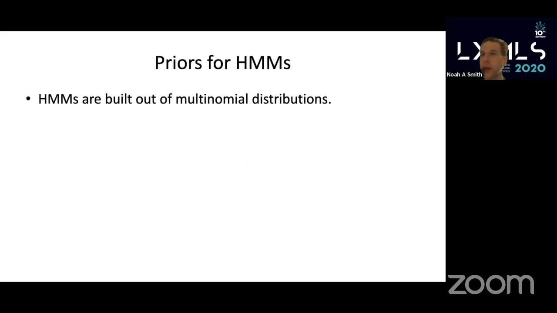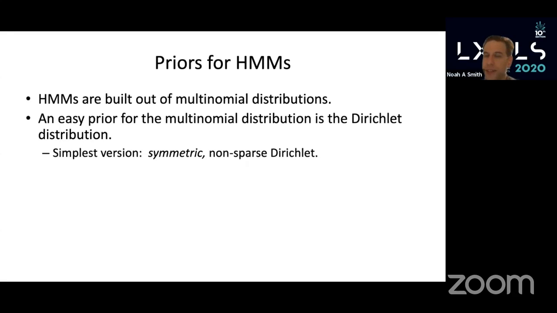Okay, so how do you get prior probabilities over multinomial distributions, which HMMs are built out of? There's a very easy to work with and simple solution that's a good starting point called the Dirichlet distribution. And it's a family of distributions over multinomials. So when you sample from a Dirichlet, you get a die with weights on the different sides.